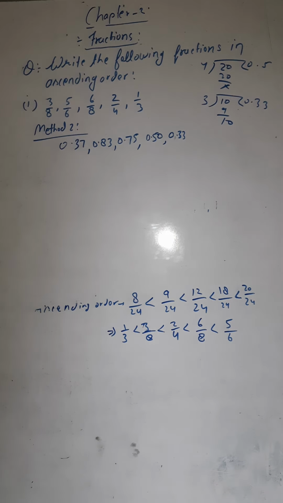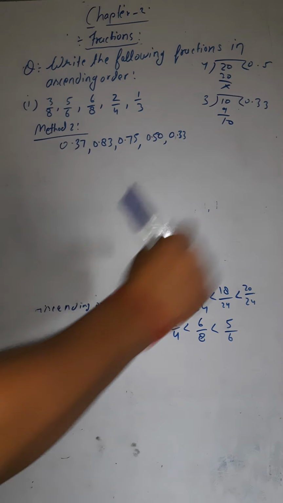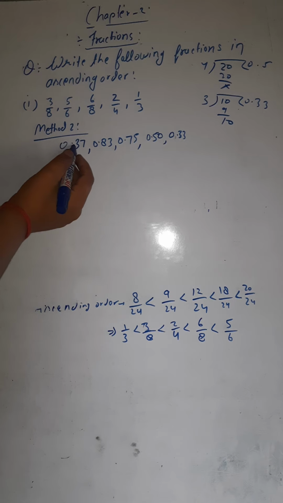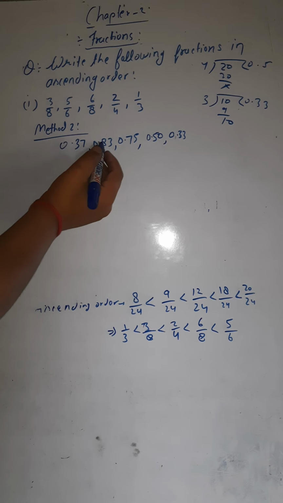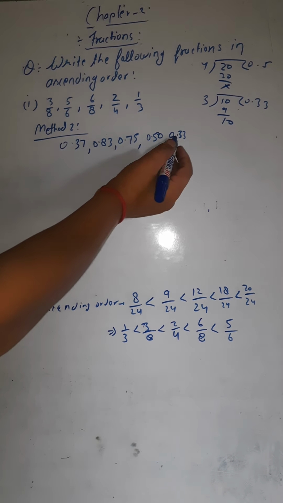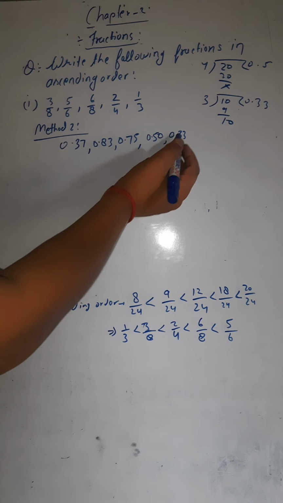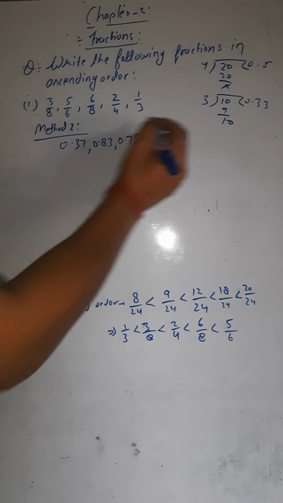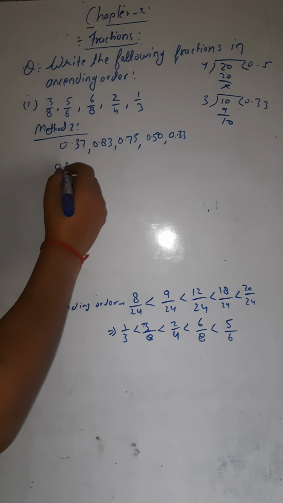0.33. Now you just tell me which one, because you have to write this in ascending order, smaller to bigger. So which one is smallest here? Here after decimal 3, 7. 8 greater, this greater, this greater. Here after decimal 3, then again 3. It means this is the smallest one, 0.33.